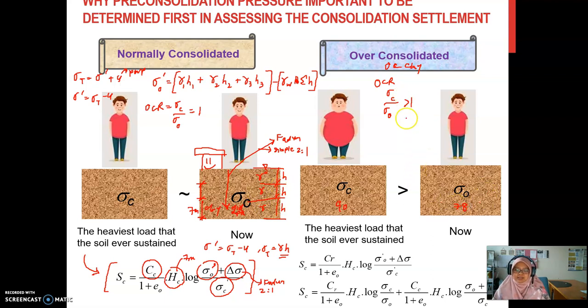Of course, it is bigger than 1, right? So you need to check, because there are two different equations. One only considers the recompression index. The other one, you need to obtain both of the indices.